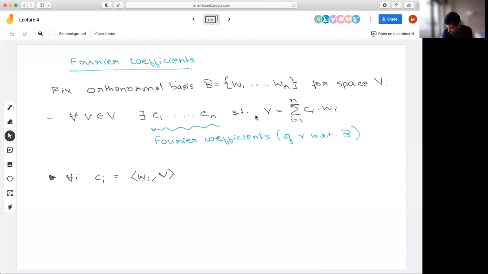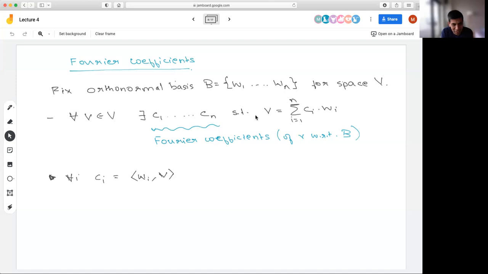Or if you saw discrete Fourier analysis over some groups, there are certain functions which again form an orthonormal basis. But in general, you can define Fourier coefficients as just the coefficients for basis vectors when you have an orthonormal basis. So you don't need to worry about any of those special Fourier analysis settings that you may or may not have encountered.